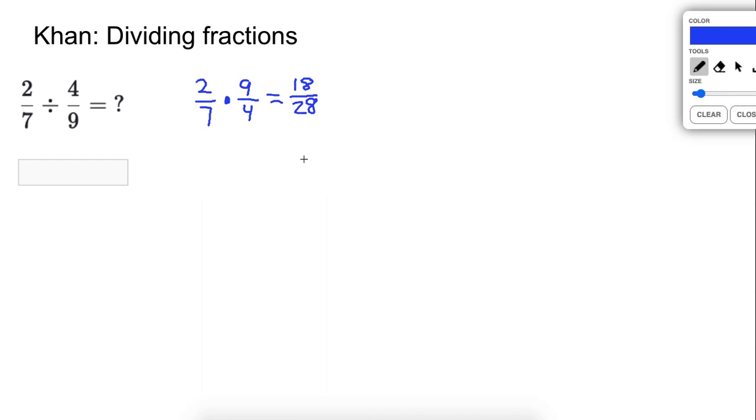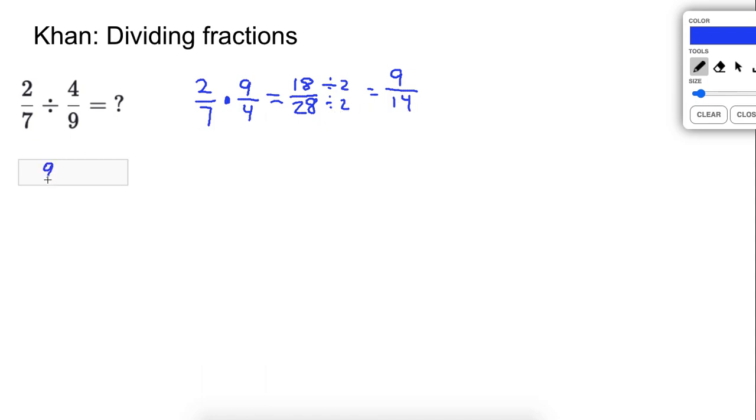Now this one on Khan Academy, it will accept these like this, not simplified, so you could actually type that in. But I encourage you to try to simplify them. We could simplify this one by dividing them both by 2. So half of 18 is 9. Half of 28 is 14. And so my simplified answer would be 9/14.